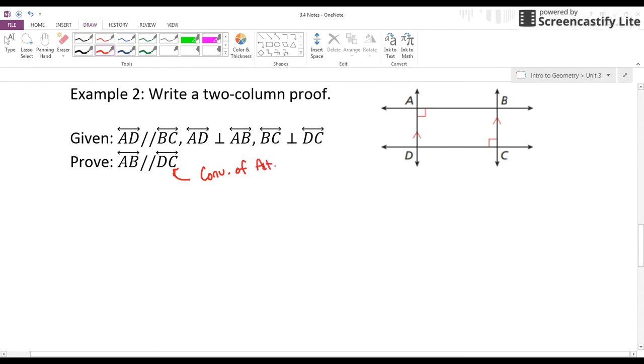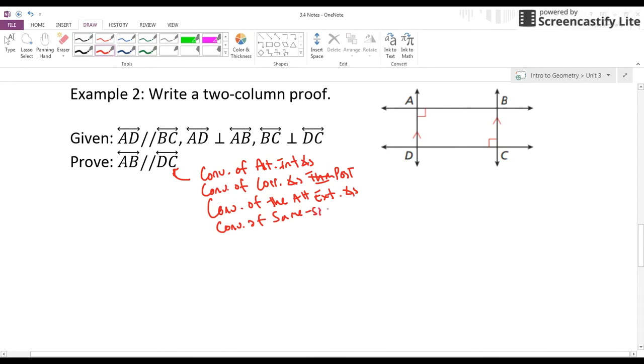So the converse of the alternate interior angles theorem, converse of the corresponding angles postulate, converse of the alternate exterior angles theorem, and we can also talk about the converse of the same side interior angles theorem. All right, so that's what we learned about in the past, but now we can add one more to our list. Think about that final theorem we talked about earlier in this video, just now.